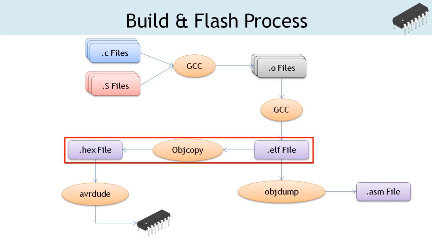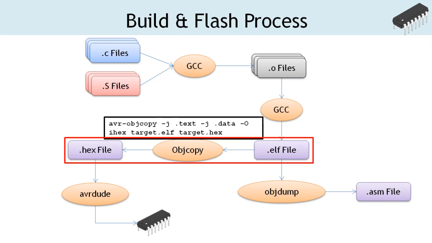It is commonly used for programming microcontrollers, EPROMs, and other types of programmable logic devices. AVR objcopy is used for this purpose. It takes the .text and .data sections from the executable file and generates the Intel hex file. The "-j" option defines the sections to be taken and "-O" defines the output file format.